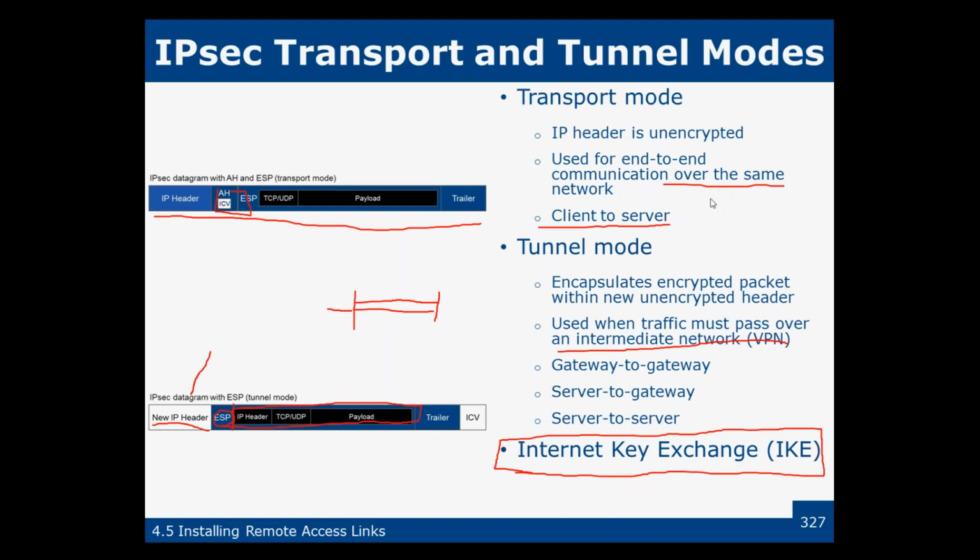IPsec would be part of it, but if we have the same network, you can use transport mode here instead of tunnel mode because we don't need to encrypt the IP header. If we send it out over the internet, we're going to encrypt everything, and that's going to be tunnel mode. So transport mode, tunnel mode: if you look at this little diagram, the difference is whether you have an encrypted original IP header or not.